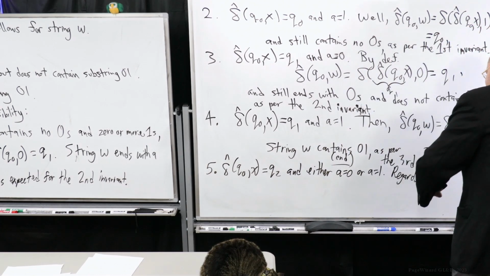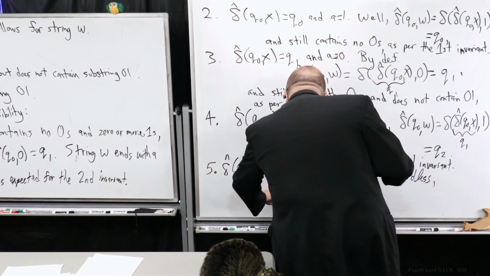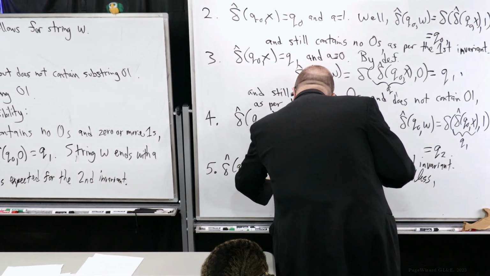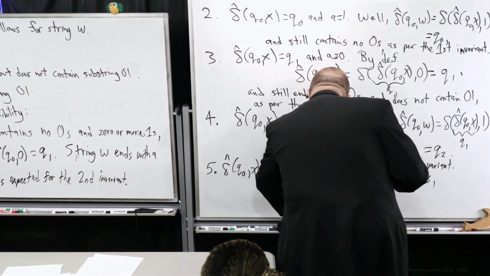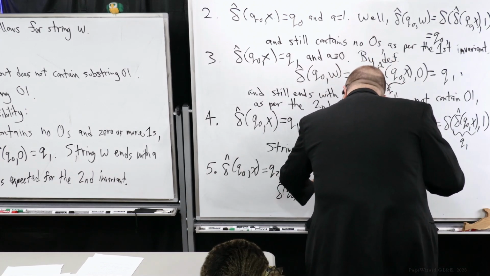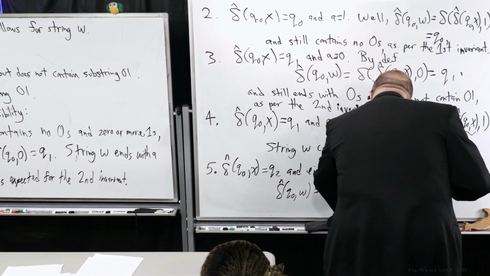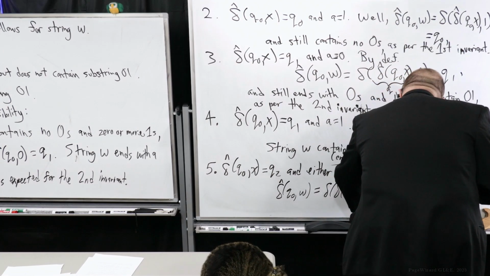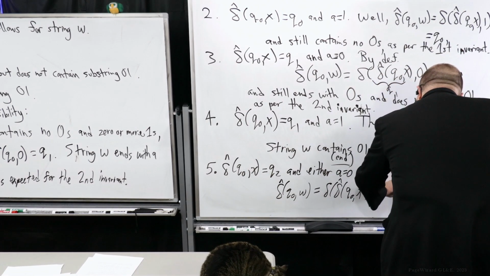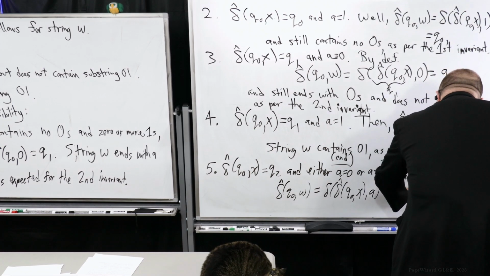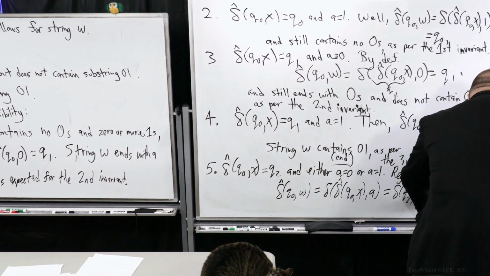Regardless, upon processing string W, this is delta hat of Q0X upon reading A, which is just delta of Q2 A, which is just Q2.